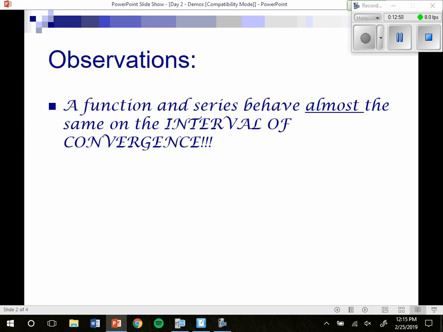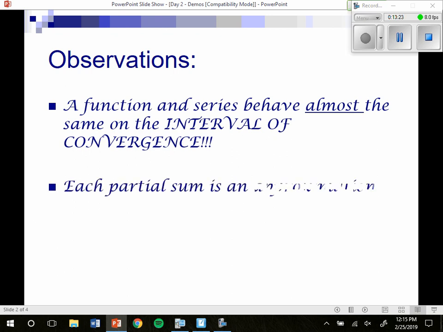If we can turn a rational function into a over 1 minus r, then we can write it either as a geometric series or as a regular function. Because 1 over 1 minus x looks like what a geometric series converges to, then we can write it as a series.